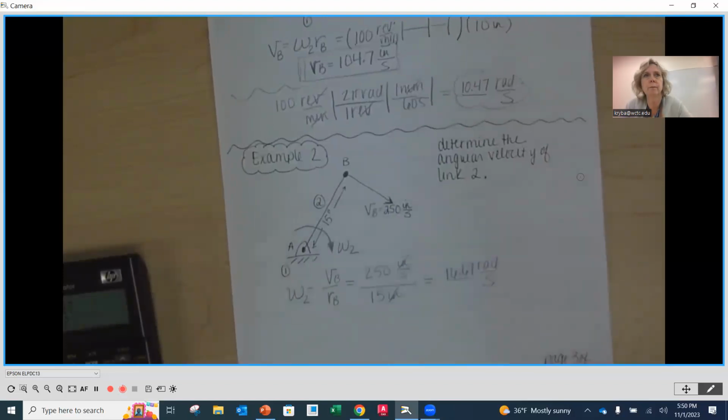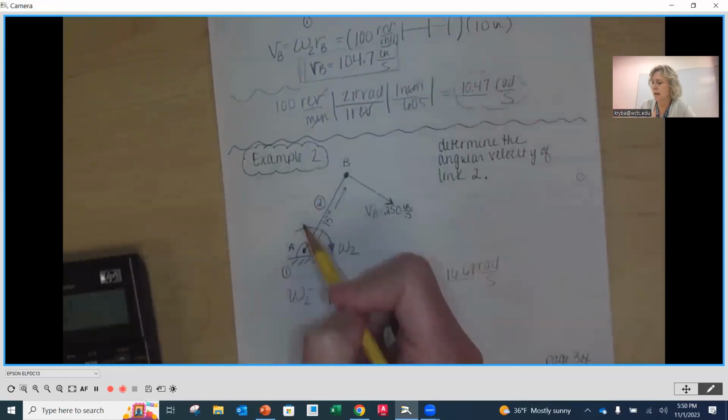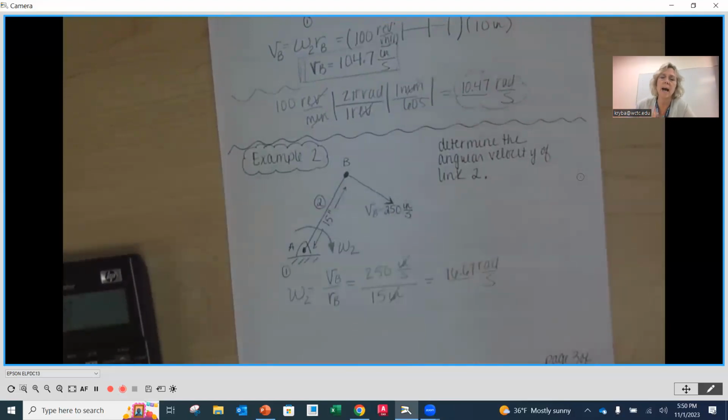Now, whenever we are solving for an angular velocity, or rotational speed is another way to say this, we don't leave our final answer as radians per second. Mostly because, let's say we were going to size a motor for this, and we were going to say, I need a motor that is going to provide a rotational speed of 16.67 radians per second.